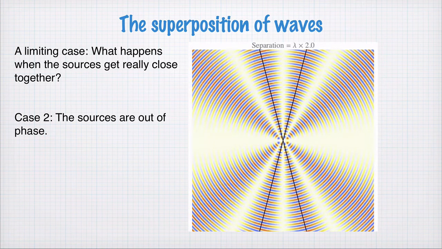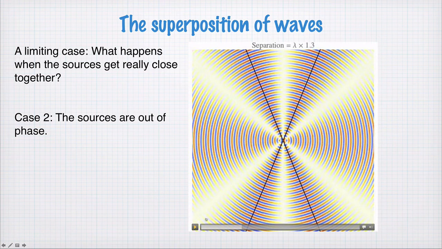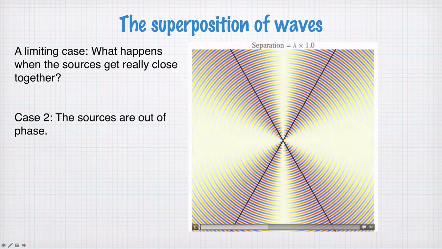What about the case where we have sources that are out of phase? What happens then? Well, now, in this case, what I've drawn here, these black lines, are the first order interference fringes. So that'd be the case where m is equal to plus and minus 1 in our diffraction equation.